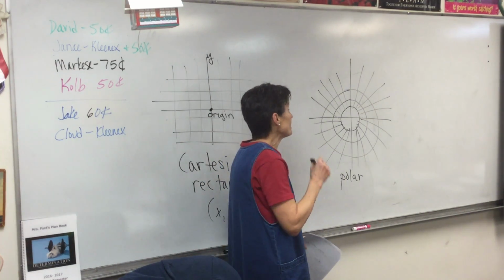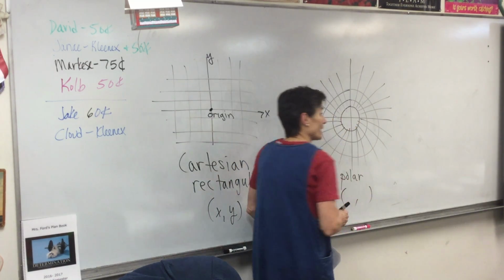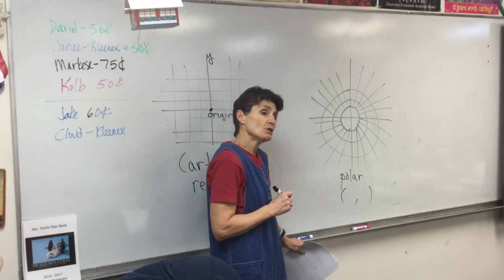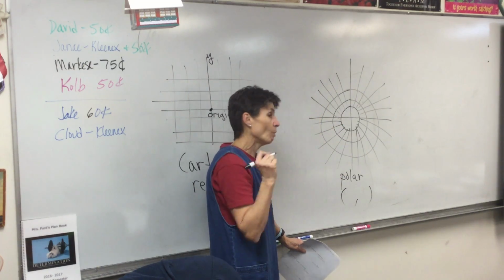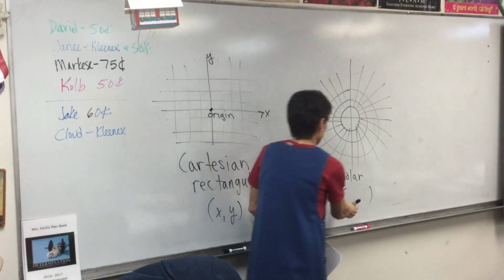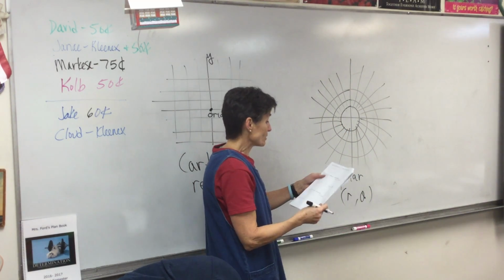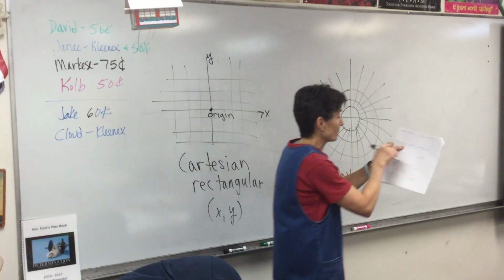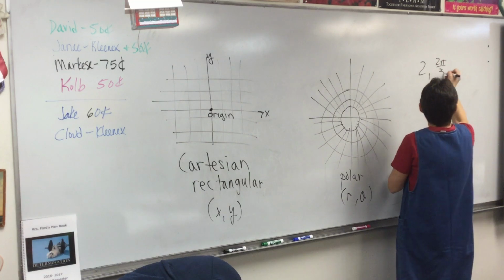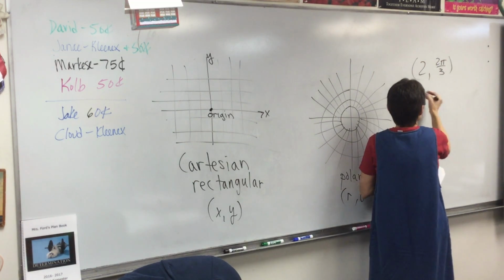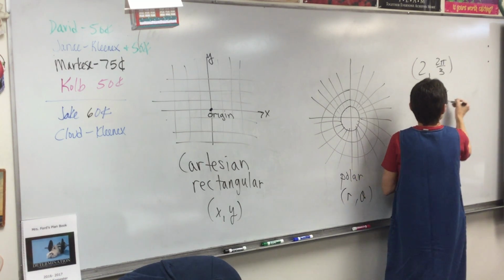Now, in the polar coordinate system, you're still going to be plotting points. But when you plot the points, it won't be over and up. It won't be x and y. It will be r and theta. In other words, when we talk about the point, 2 comma 2 pi over 3, that means 2 comma, pi is 180, so 120.